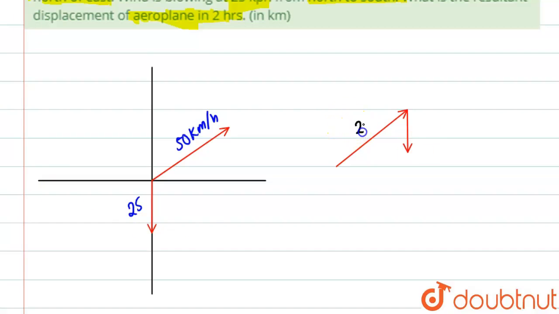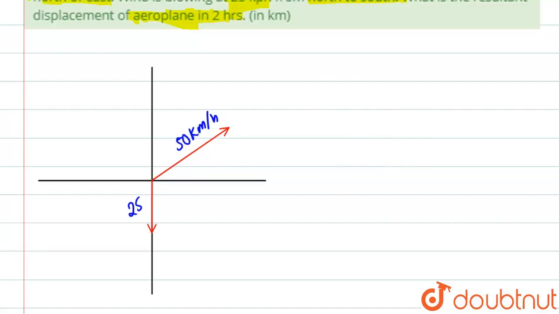You have to join the tail and the head, so the resultant will be somewhere over here. But in these types of questions, what we need to do is use the component method, not the triangle law.